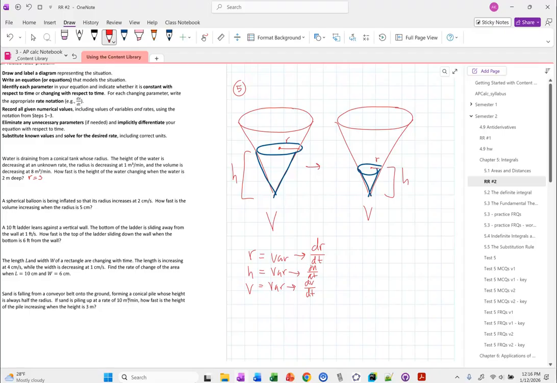We're told that the radius is decreasing at 1 meter per minute. The volume is decreasing by -8 pi cubic meters per minute. And we want to know the rate the water is changing when the height is 2, the radius is 3.